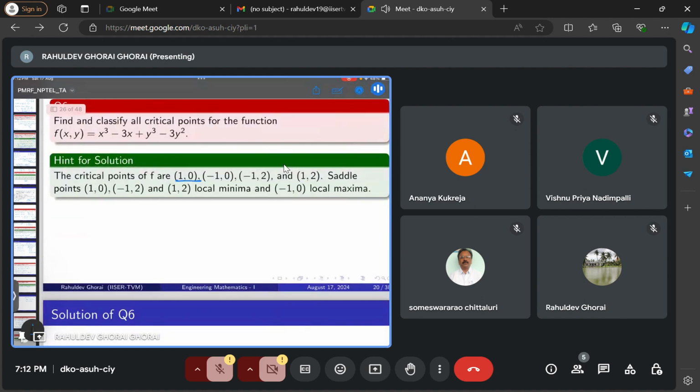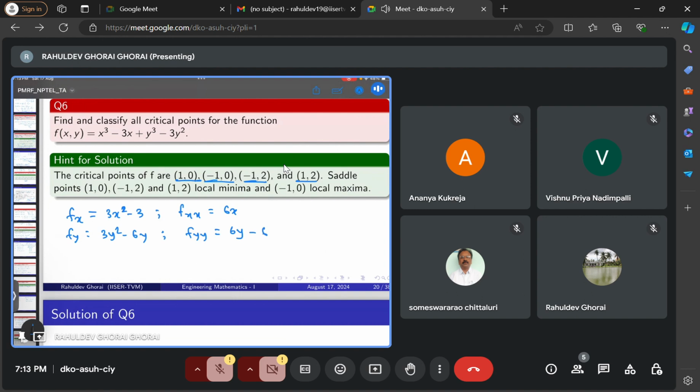So now we are going to classify them. At least one point we will do, and the other points you do by yourself because the solution is given. fx will be 3x square minus 3, so fxx will be 6x. fy is nothing but 3y square minus 6y, so fyy will be 6y minus 6.